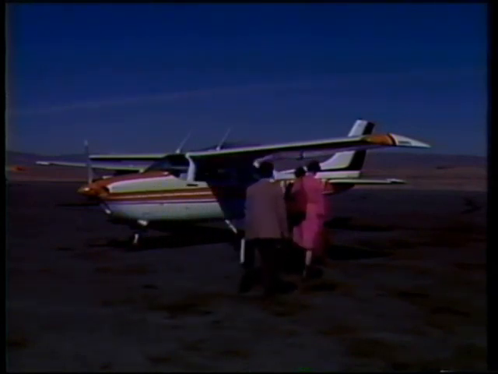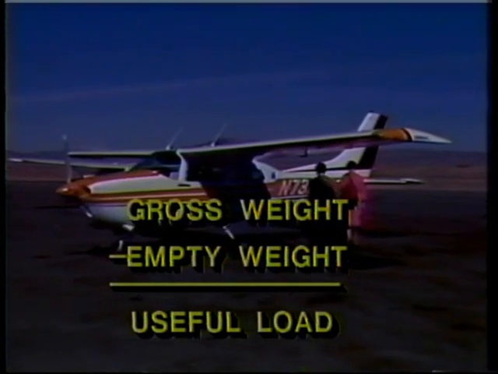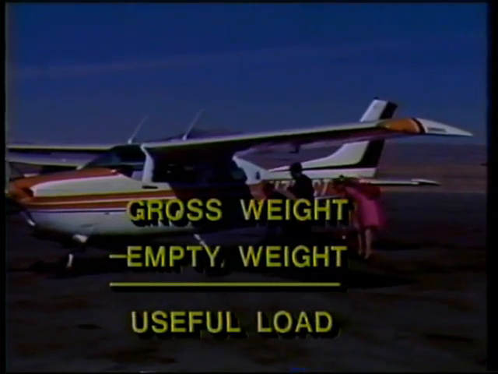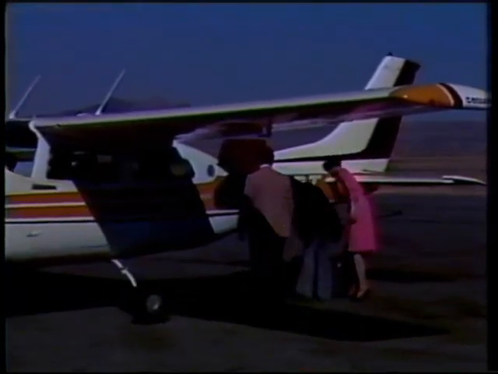The difference between the empty weight of the aircraft and its maximum gross weight is its useful load. This is the allowable weight of all fuel, passengers, cargo, crew, and all additional equipment not included in the empty weight.